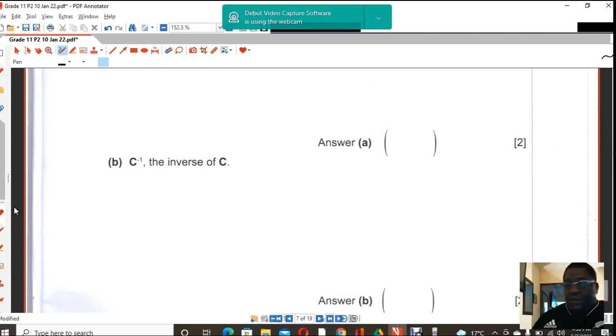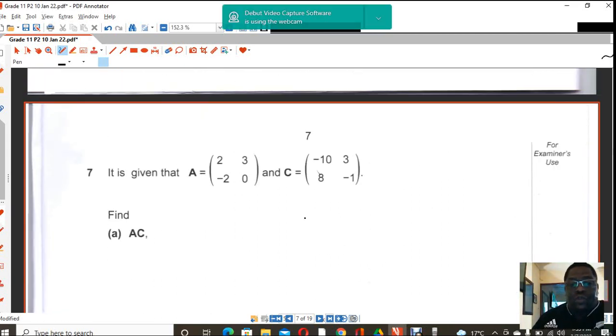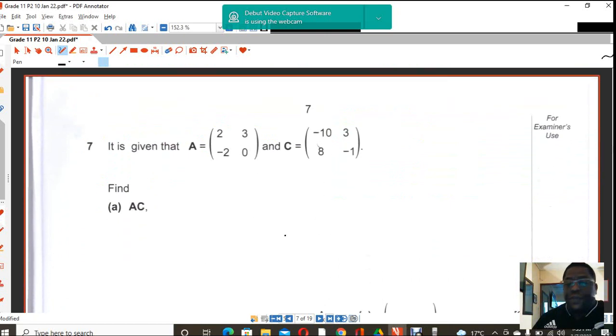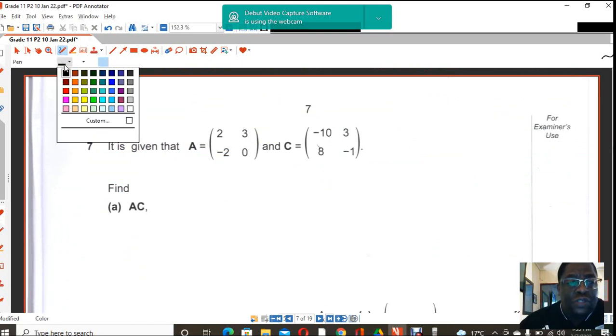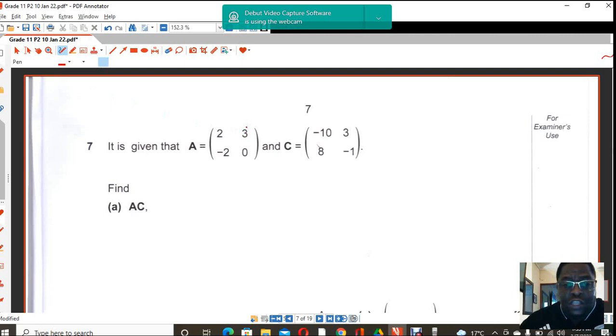Okay, so there was a small break. So this brings us to question 7. So this is matrices. So we are going to multiply. Now, the way you do this, you are multiplying this top row here with this first column.